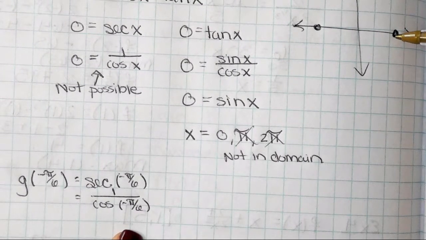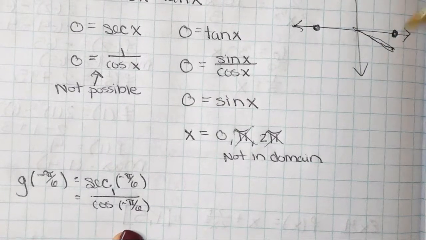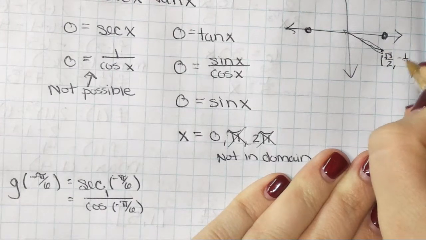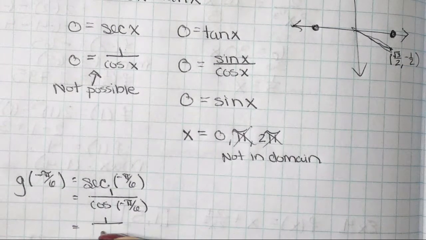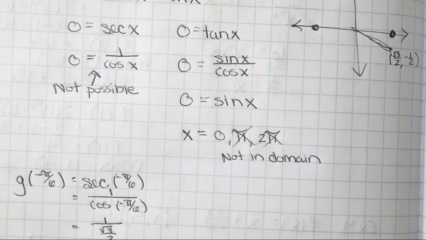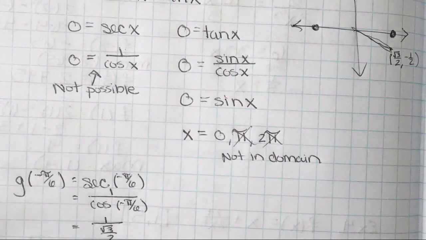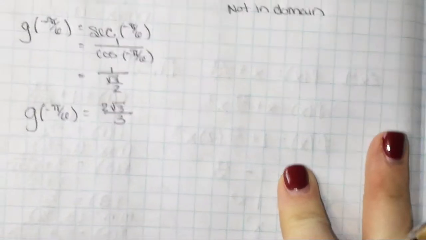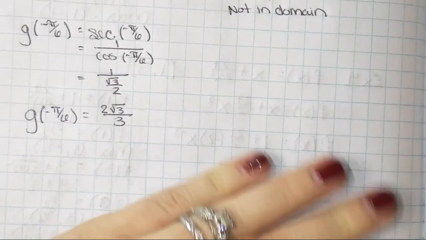Cosine of negative pi over 6 is right here: radical 3 over 2, comma negative 1/2. Which one of those do I want? Radical 3 over 2. So 1 over radical 3 over 2, simplified, g of negative pi over 6 is 2 radical 3 over 3.